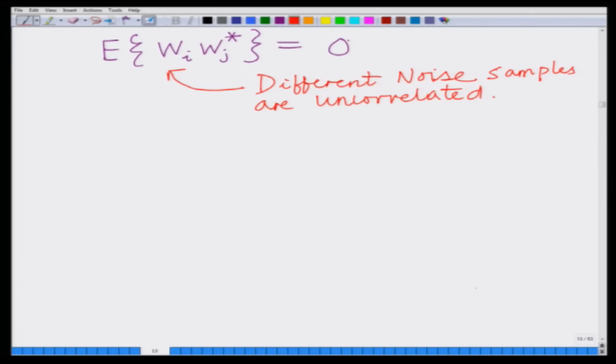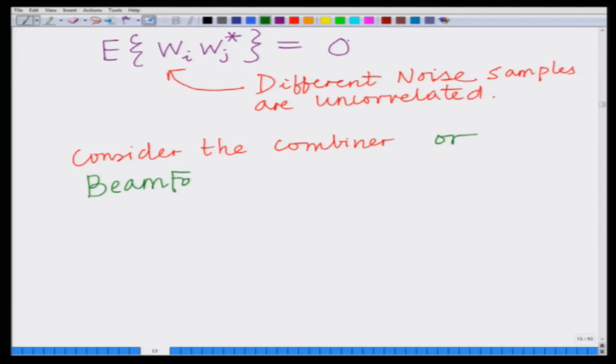Okay. Now, let us consider combining of the received samples y1, y2 up to yL. So, what I am going to do now, I consider the combiner or what is also known as the beamformer A bar equals A1, A2 so on up to AL.